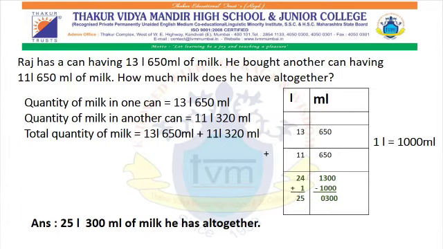Raj has a can having 13 liters and 650 milliliters of milk. He bought another can having 11 liters and 650 milliliters of milk. How much milk does he have altogether? Quantity of milk in one can is equal to 13 liters and 650 milliliters.